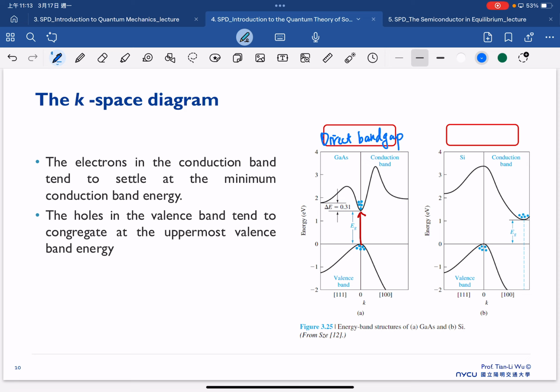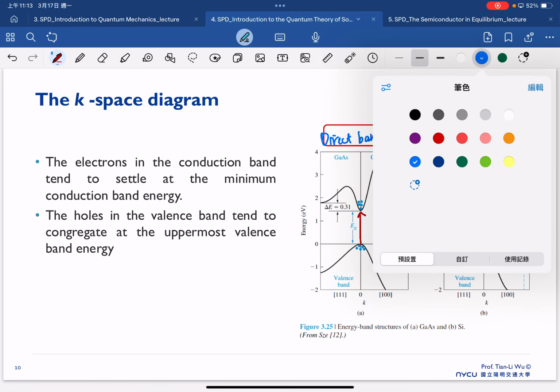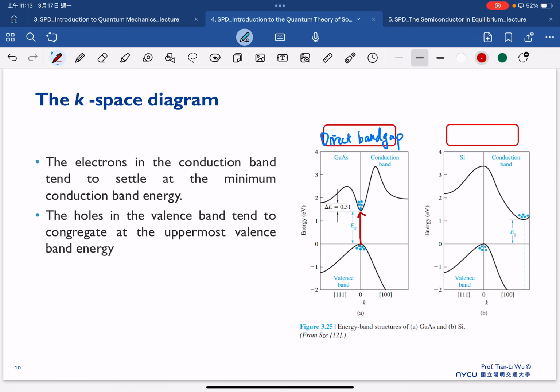But on the other hand, there's some material where the top of your valence band is not aligned with the bottom of your conduction band. That means if you want to have current, the carrier first needs to jump to a certain energy, but also needs to have a certain momentum to reach the other side.